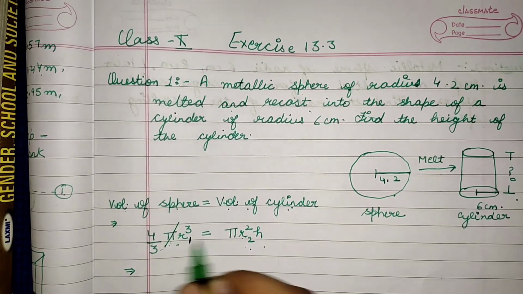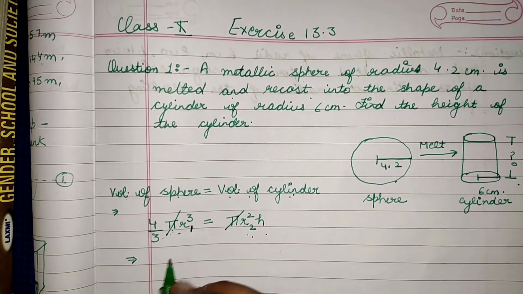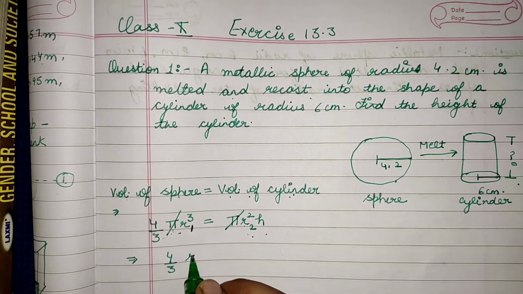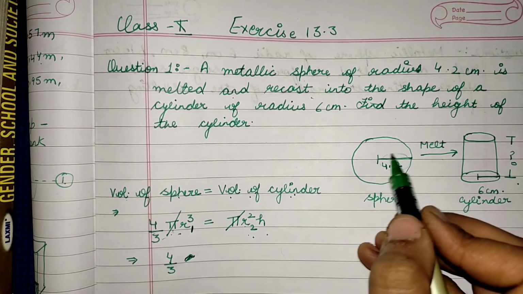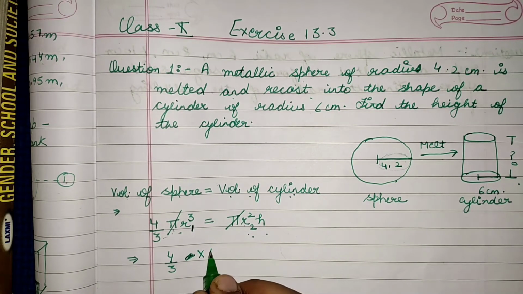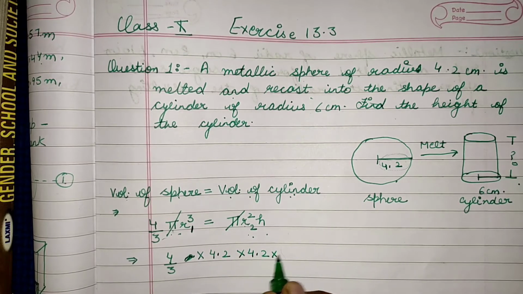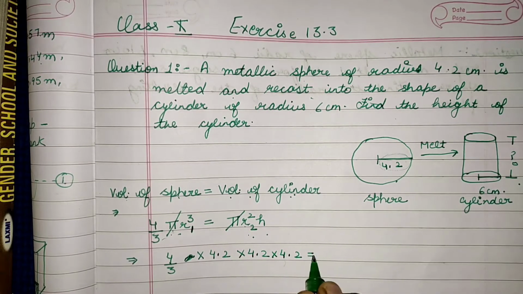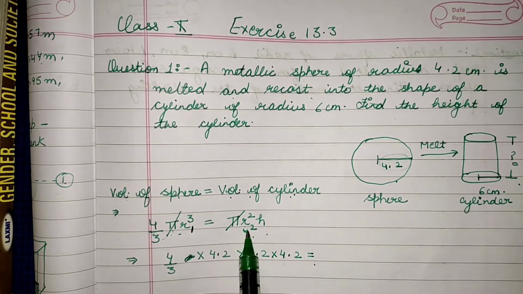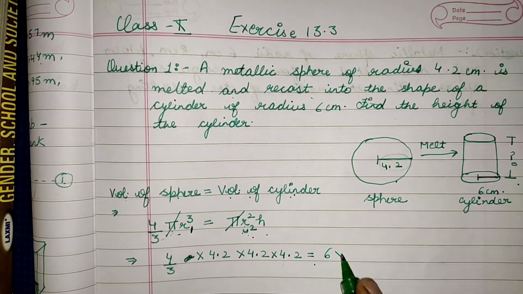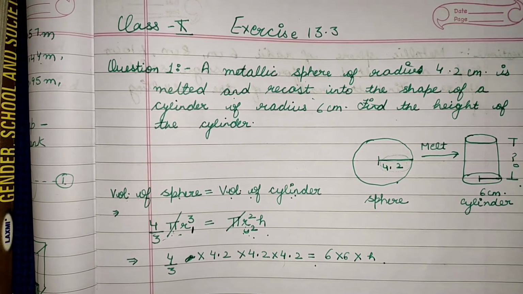Now pi and pi will get cancelled from both sides. So we will get 4 by 3 r1 cube. R1 is the radius of the sphere, which is 4.2 cube, meaning we write this value 3 times, is equal to r2 square h. R2 is 6, so r2 square means we write this value 2 times.